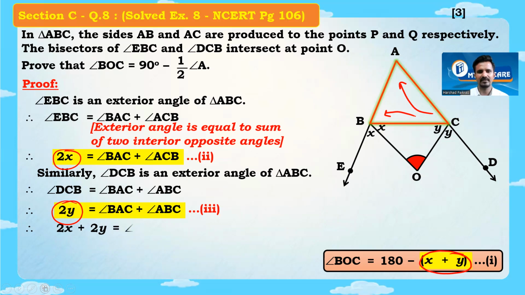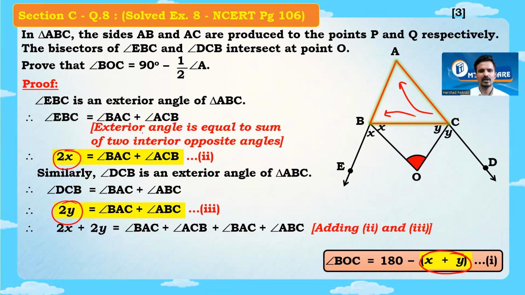On the right hand side, we will have angle BAC plus angle ACB plus angle BAC plus angle ABC. Reason, adding 1 and 2. On the left hand side, we can now take that 2 common and we can write x plus y. On the right hand side, there are 4 angles: angle BAC plus angle ACB plus angle BAC plus angle ABC.